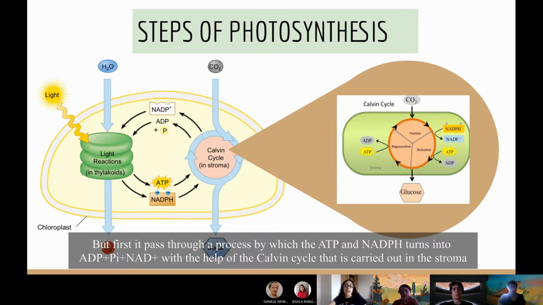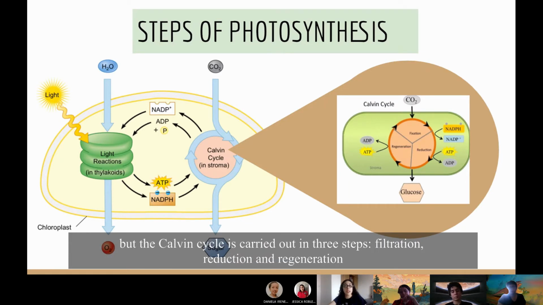But first, it passes through a process by which ATP and NADPH turn into ADP plus P and NADP plus, with the help of the Calvin cycle, which is carried out in the stroma. The Calvin cycle has steps: fixation, reduction, generation, and regeneration.